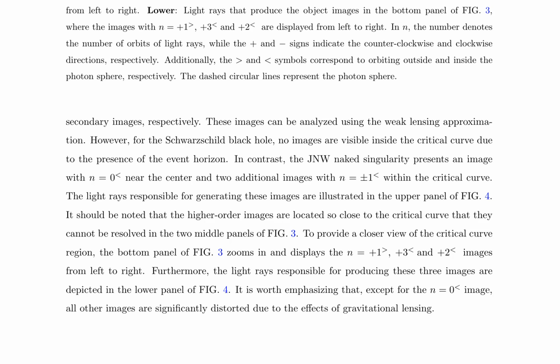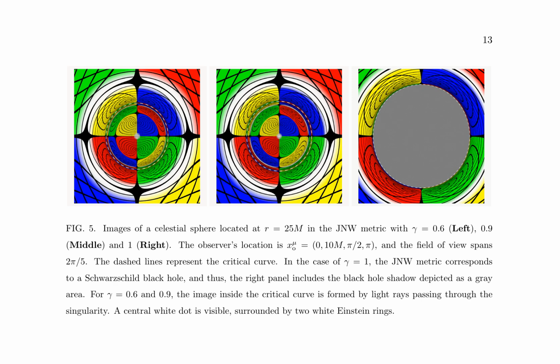Higher-order images are located close to the critical curve, making them difficult to resolve in Figure 3's middle panels. The bottom panel of Figure 3 provides a closer view of the critical curve region, showing the n = +1>, +3<, and +2< images from left to right. The celestial sphere images in the JNW metric, with varying values of γ, are presented in Fig. 5.